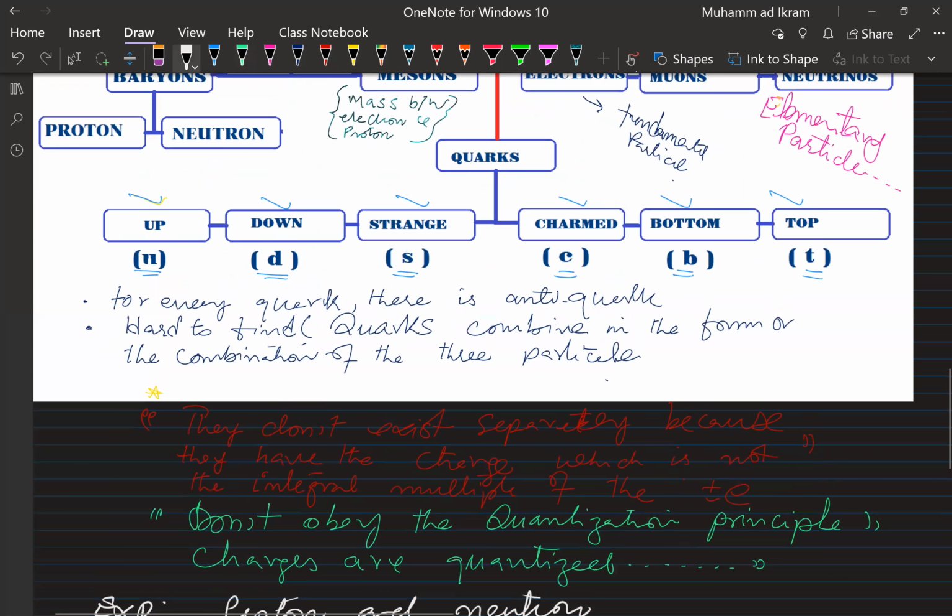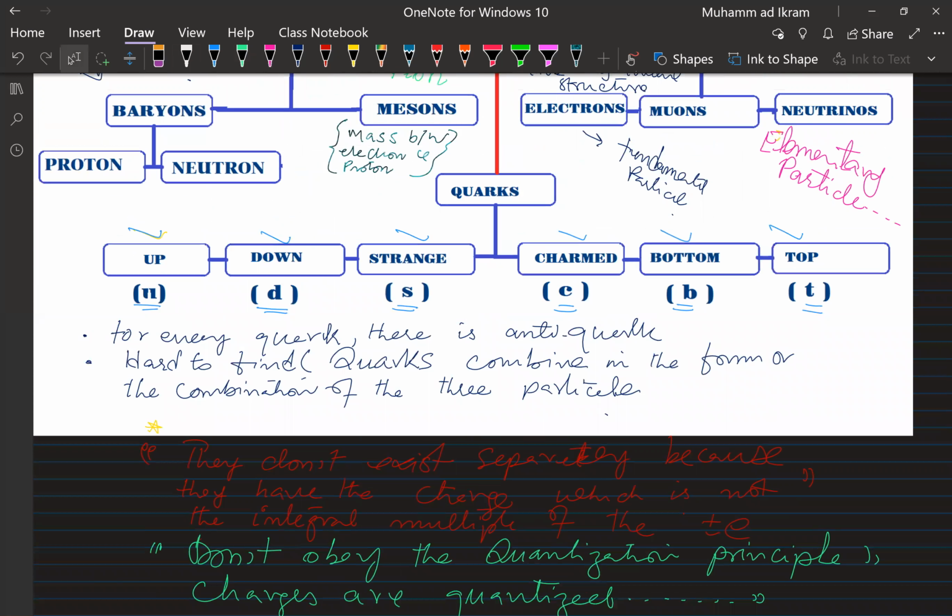First let me tell you about the charge on them. In terms of the charge of the electron, the charm and the top quark each carry a charge of plus 2 thirds of the charge on the electron, like the up quark.